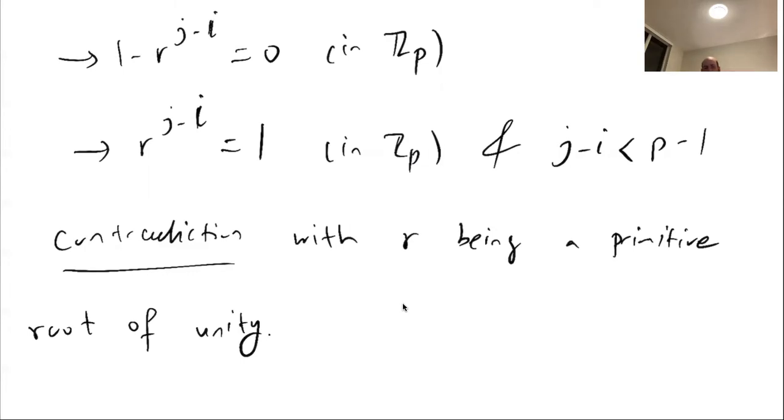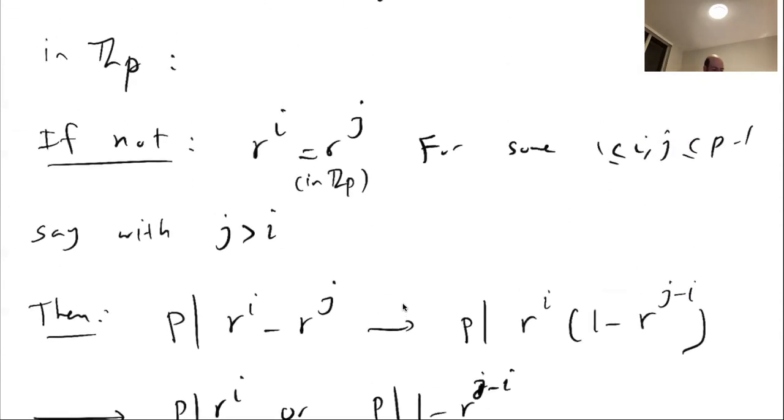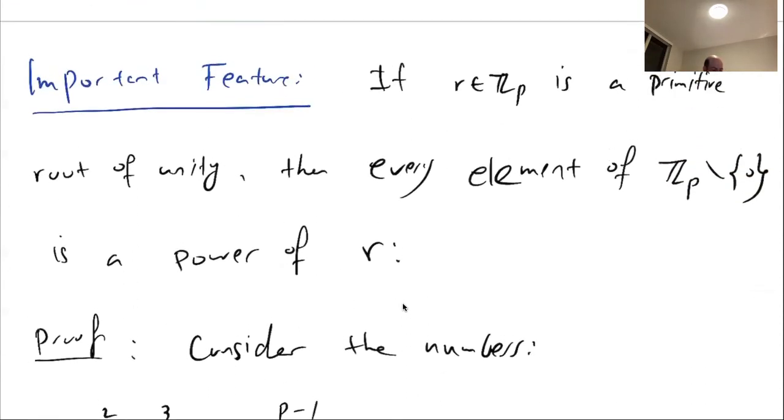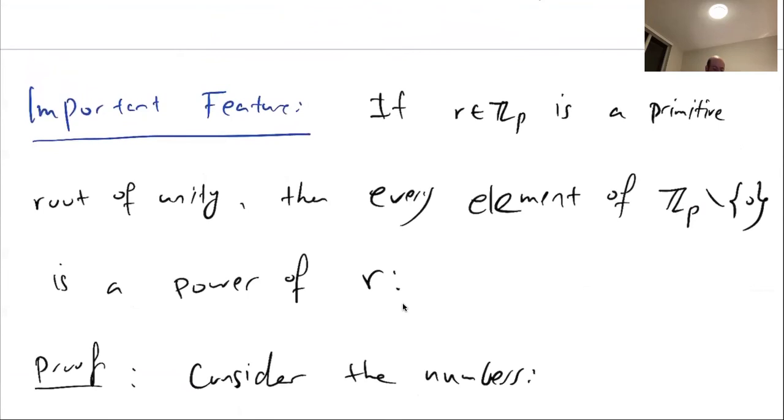But right now I found r to power j minus i equals 1, and j minus i is a smaller power compared to p minus 1. So I proved the important feature of primitive root of unity, that any number in Z_p except 0 can be written as a power of r, if r is a primitive root of unity.